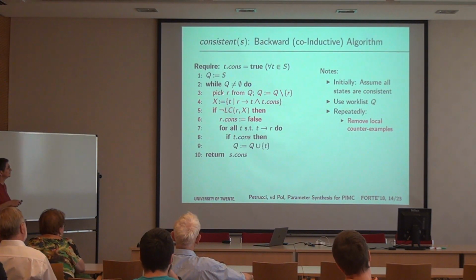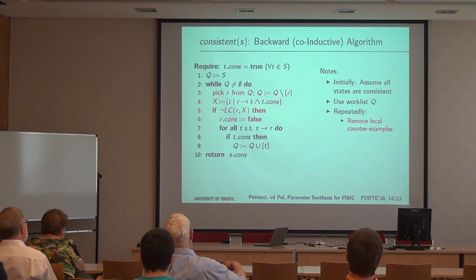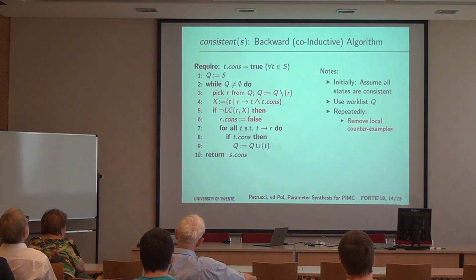If we have picked R from Q, we look at its successors and check whether they are consistent or not. If the successor T is consistent, it goes to this set X, and we can check the local consistency of R with respect to X.